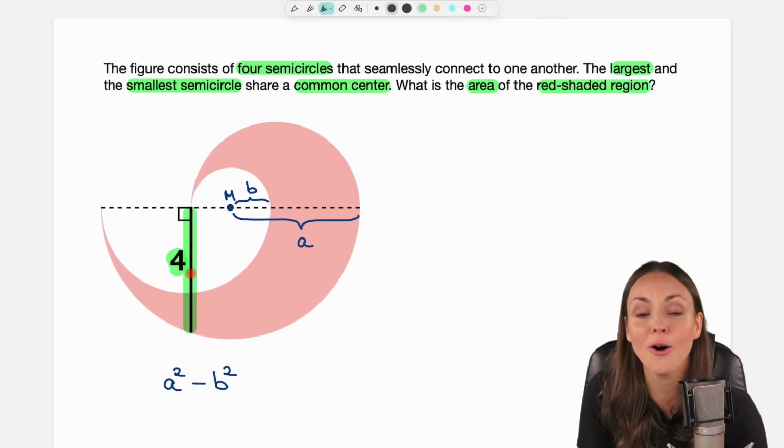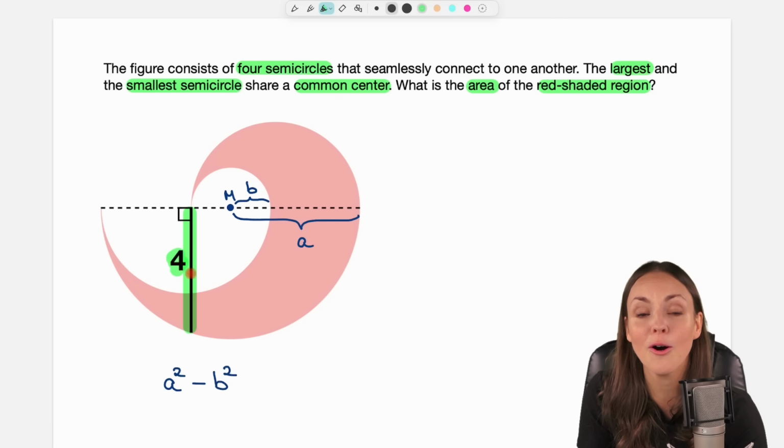So the length of this part here is given by 4, and we have a right angle here. And we want to find a squared minus b squared. A right angle always reminds me of the Pythagorean theorem if we have a right triangle somewhere.